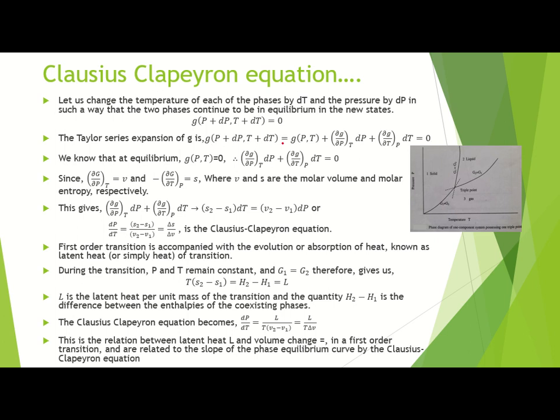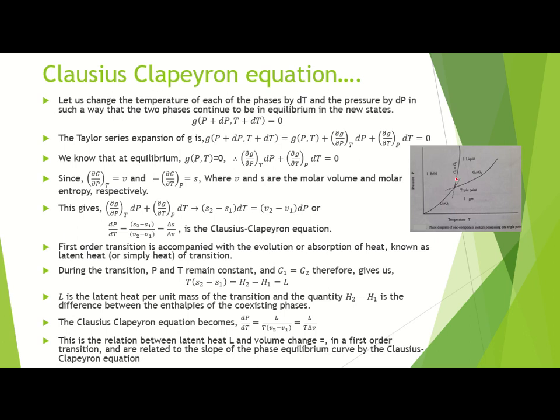So we want this quantity to be 0, and we already have this quantity equal to 0. If you are having phase equilibrium, at any pressure and temperature along this curve, you will have small g equal to 0.